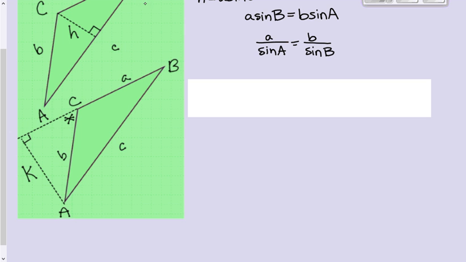So the altitude that I'm talking about here is this, and it goes outside the triangle. If you want to go from angle A to the side A, well, you have to extend side A and then go outside. So what I've actually done by making that extension, we call the dotted line here an auxiliary line, is I've created a right triangle.